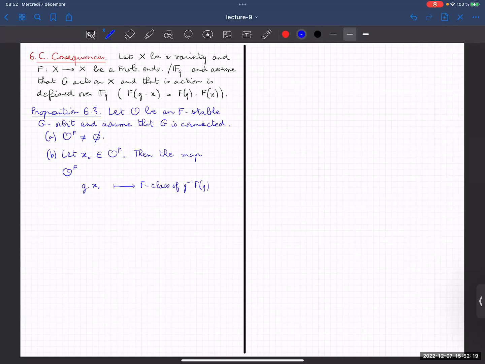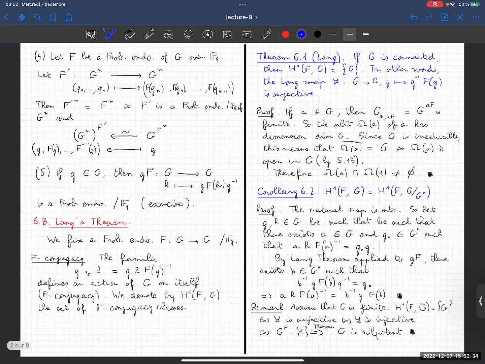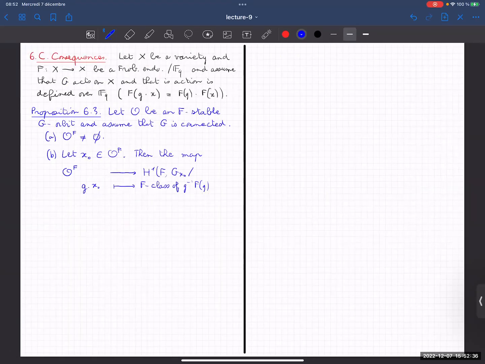And in which set do I land? I land in the set of F-conjugacy classes in the stabilizer of x_0. As I said in the previous result, Corollary 6.2, the F-conjugacy classes in the stabilizer are the same as the F-conjugacy classes in this finite quotient. And this map is well defined: it sends the G^F-orbit of g·x_0 to the F-class of g^{-1}F(g). So this map is well defined.